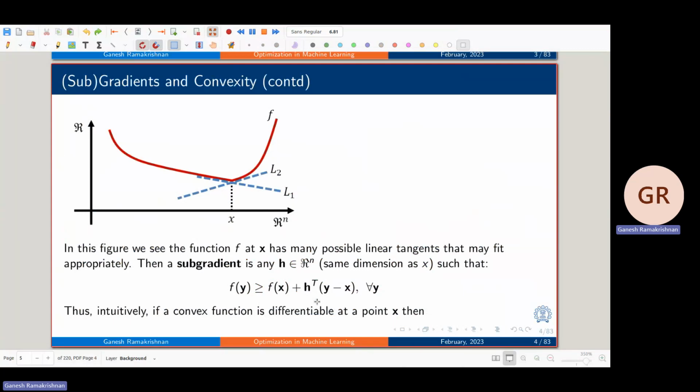You can put it in brackets with x also, but it's not really a function in the sense of a gradient. You can't compute it by taking partial derivatives. You can put a subscript h_x here if you want, though most often in practice you don't do that. Assume h is in terms of x, and this should be for all y.